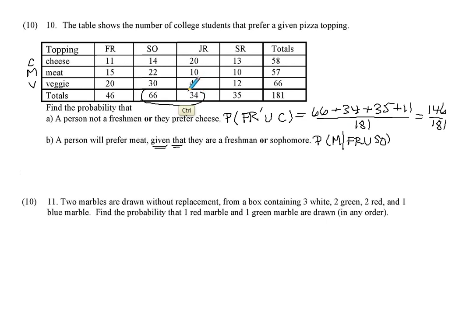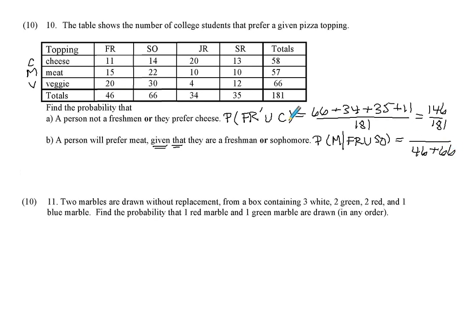One of these two columns here. They're either in the freshman column, which is at 46, or they're in the sophomore column, which is at 66. So remember that your given condition determines the denominator of the probability. So this is going to equal, in the bottom, 46 plus 66.